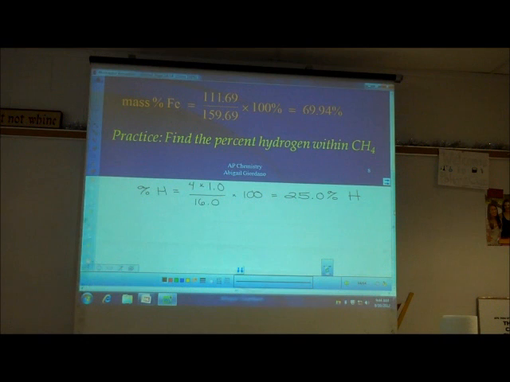So, please don't pull out your calculators for this one. What is the percent of carbon? 75%. Okay. If you had 3 elements, then that would become a little bit more complicated, but for the moment we're only dealing with 2.